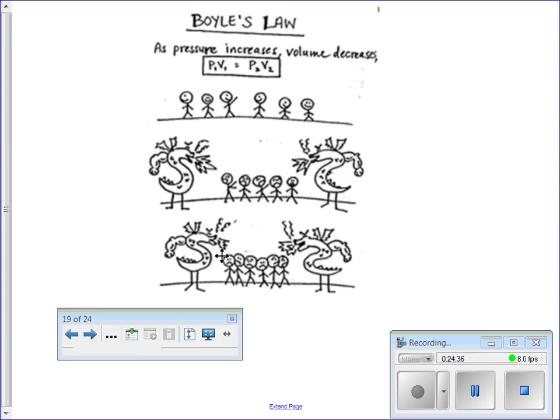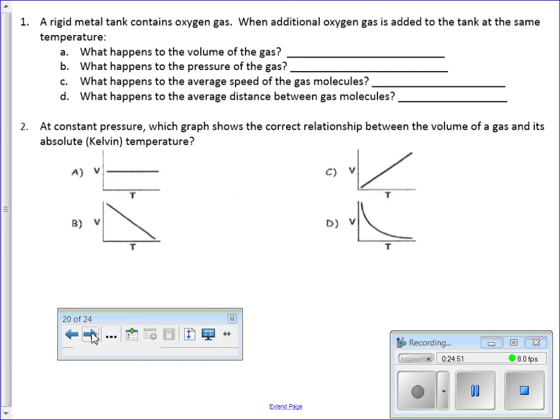And as the pressure increases even more, the volume decreases by the same factor. This is an inverse relationship, and this is the only gas law that has an inverse relationship.